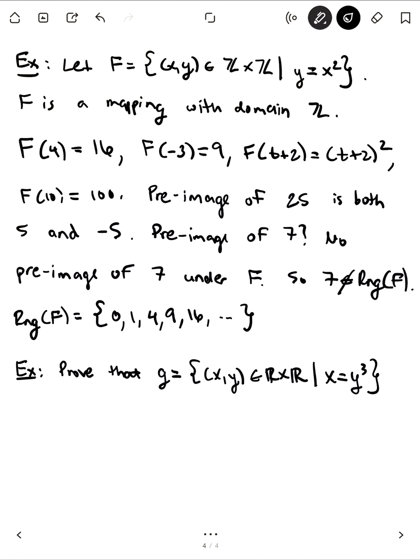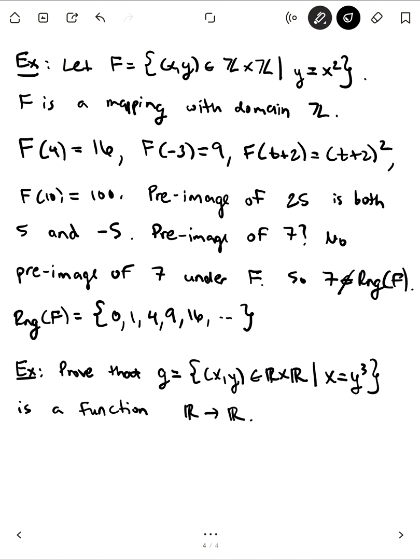And we want to prove that this is a function from R to R.